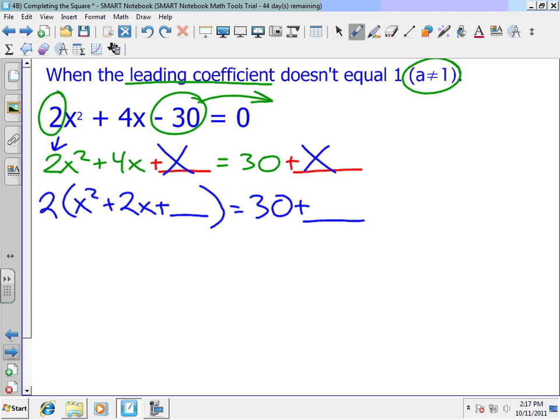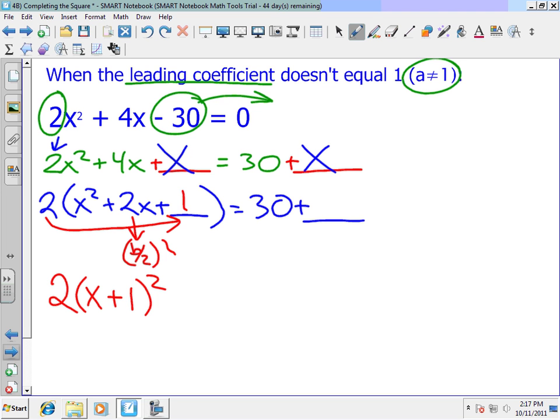Now, what number goes in the middle? I'm going to take this middle term and do the b divided by 2 quantity squared. So I have x plus 1 now, quantity squared. So if I add 1 here, but notice I have this 2 on the outside. So guess what? 2 times 1, I'm really putting a 2 on the left-hand side because I'm distributing this 2 times a 1.